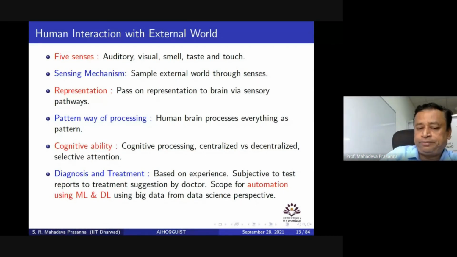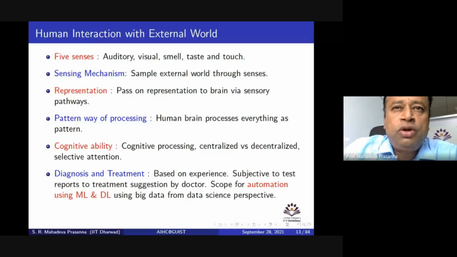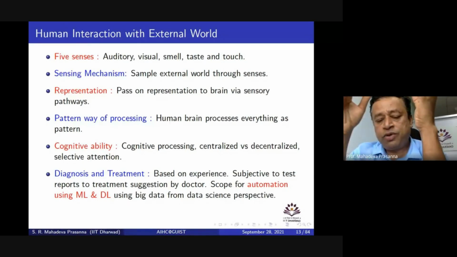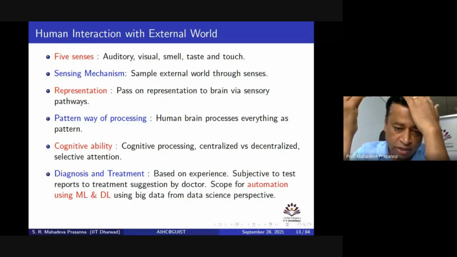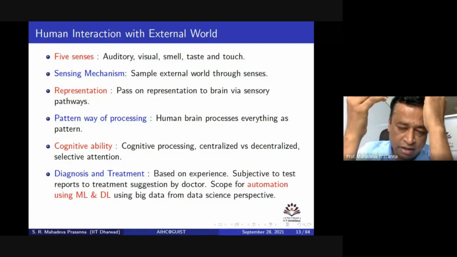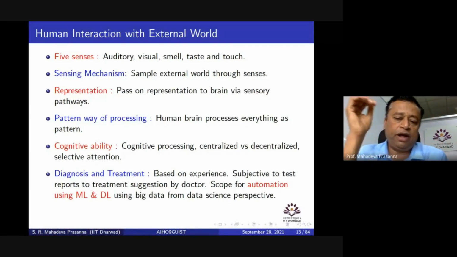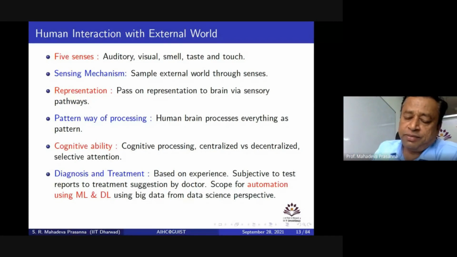from a data science perspective. So the advantage that machine learning and deep learning provide is that using a large amount of digital data, you can build models and then use these models for predicting some suggestions to the doctor. Now the doctors will have subjective reports or test reports coming from the conventional labs.